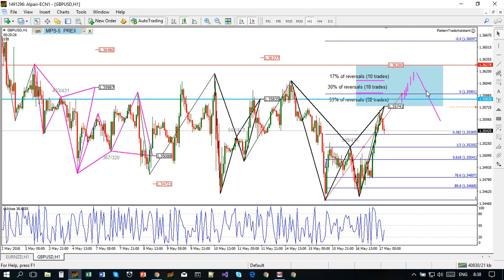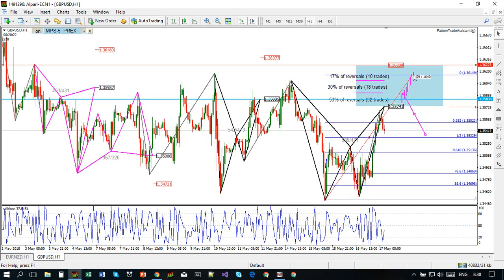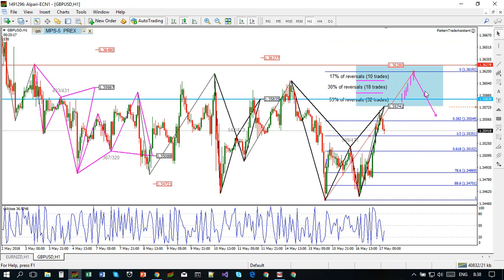So it may happen here, so the reversal will look this way, that gives you a 382 retracement. It may happen here, yes, somewhere within this zone, and you never know where exactly this happened.